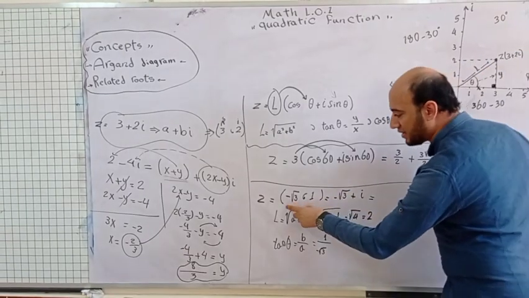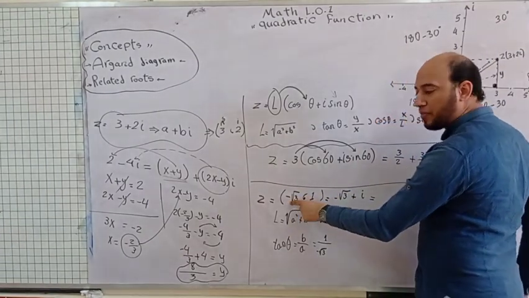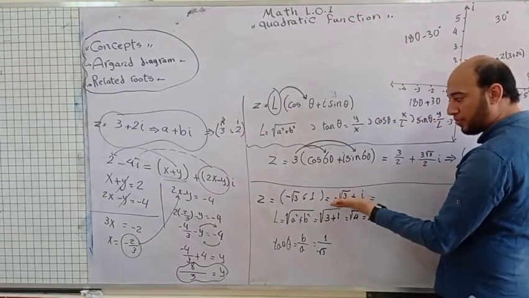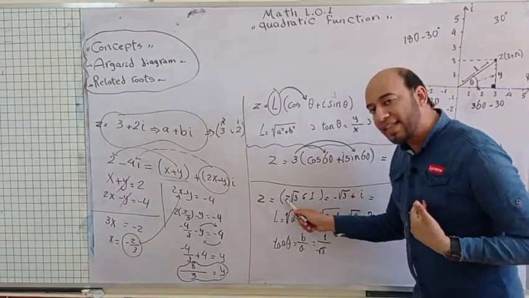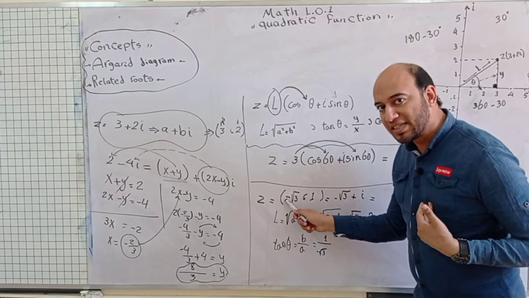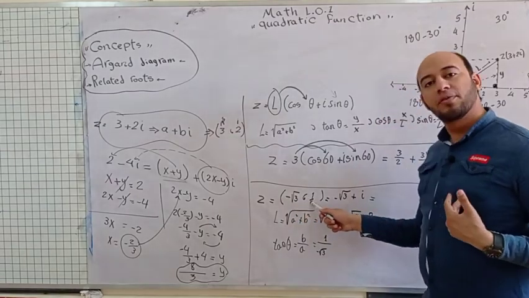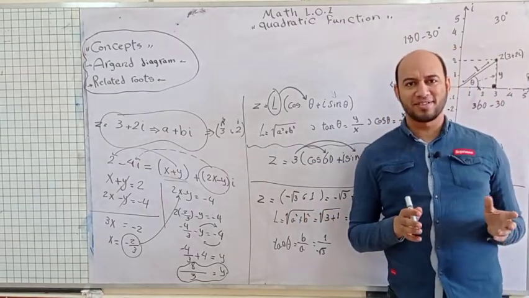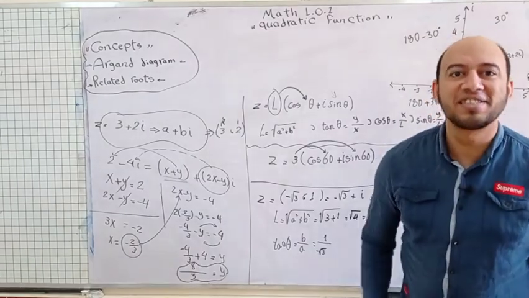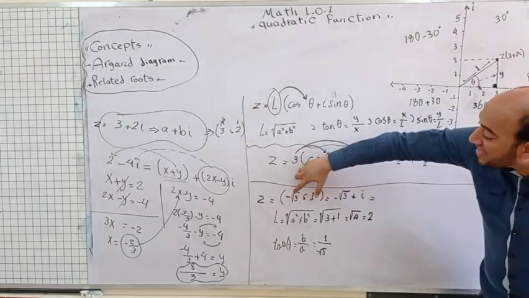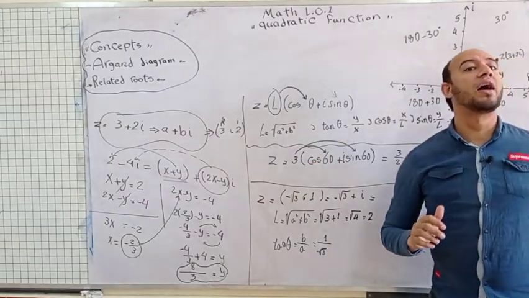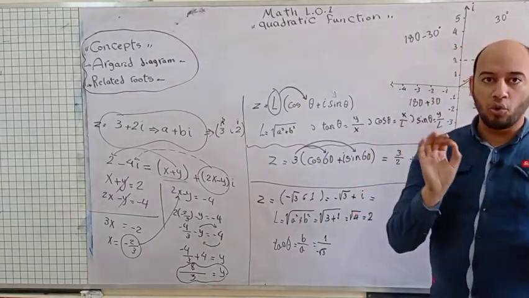From the signs of this ordered pair, the algebraic form: negative x-axis, positive y-axis. Which quadrant? Negative and positive: the second quadrant.